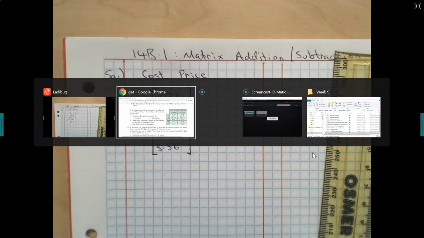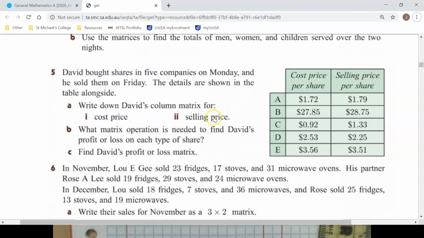And then part 2 wanted the selling price. So since this is the selling price per share, it's just going to be those values in that second column.